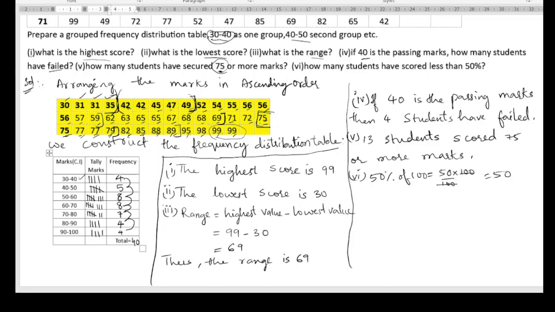So 9 students scored less than 50% marks. So this is the end of our third problem.